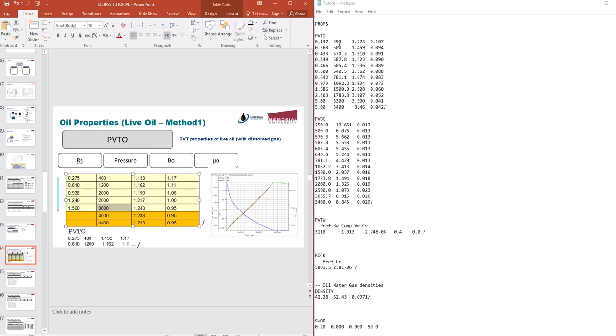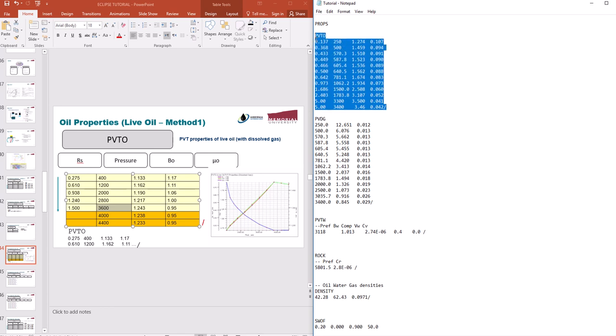So here in our data file, after PROPS, for example, we are going to have a live oil simulation. So we write PVTO, and PVTO will take a table.